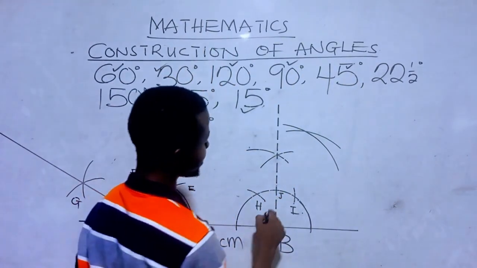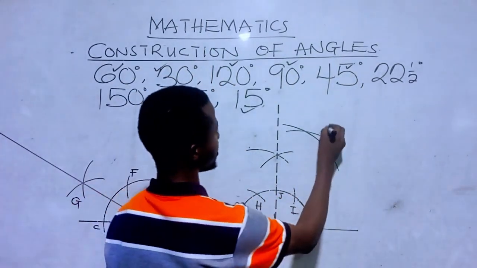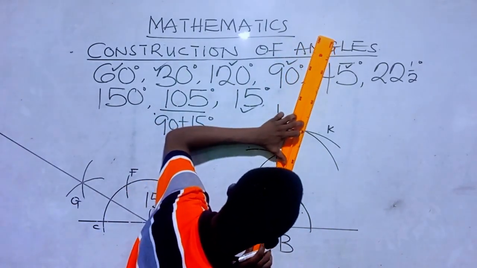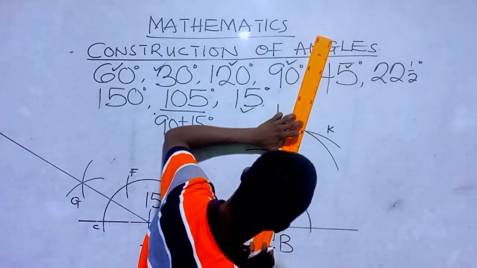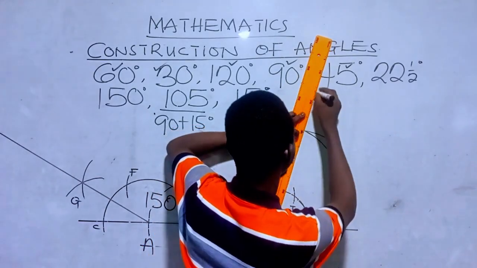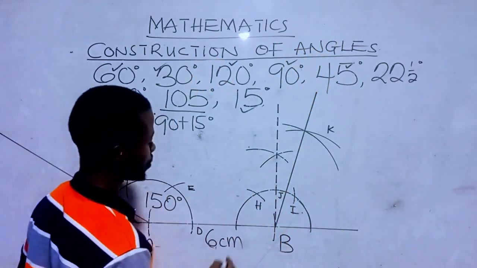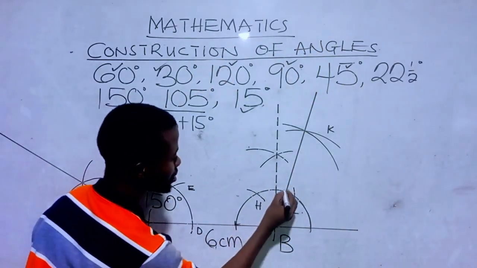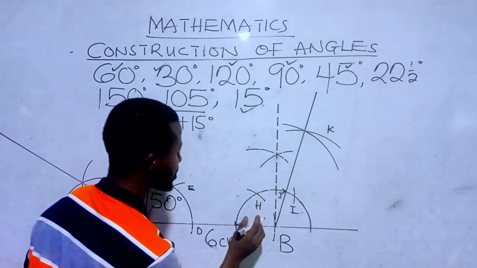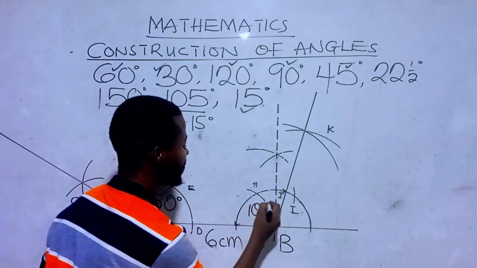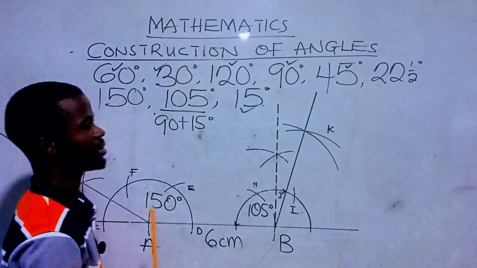Let me call that K. So I'll draw my line from B to pass through K like this. So from here to here is 105 degrees.